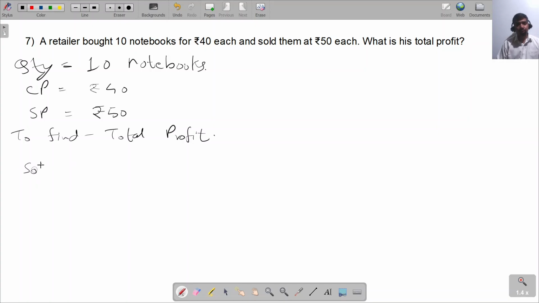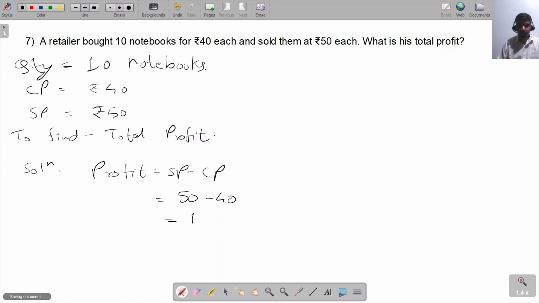So let's start solution. इसमें प्रॉफिट हो रहा है तो प्रॉफिट का फॉर्मूला will apply. Profit formula is what? Selling price minus cost price. Selling price rupees 50, cost price rupees 40, you have got 10. So there's a profit of rupees 10 on each notebook. But how many books he has sold? 10.